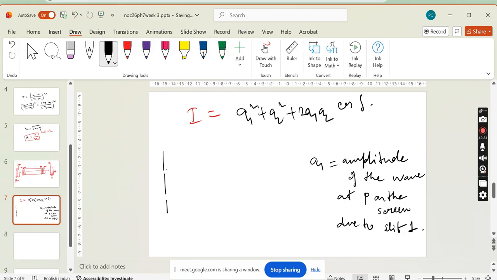I'm writing the upper slit as slit 1 and this is slit 2.